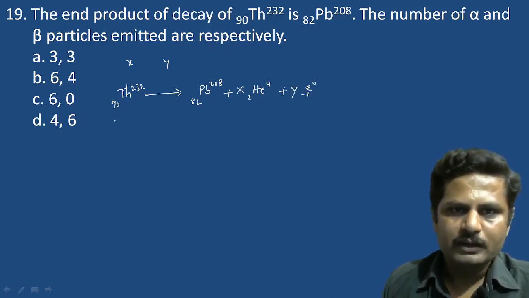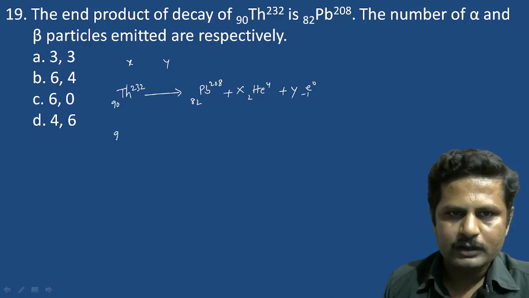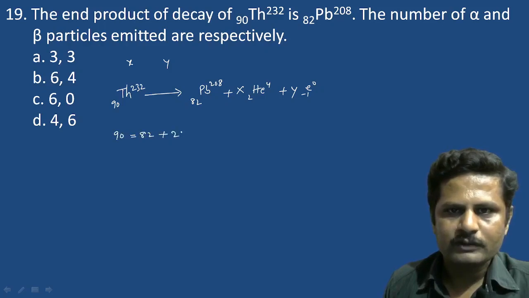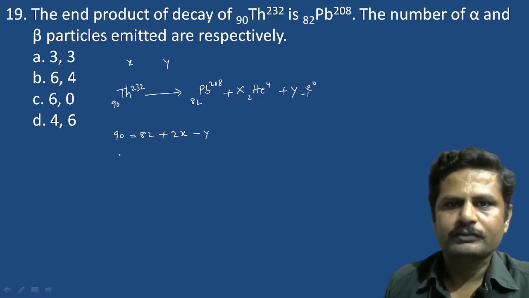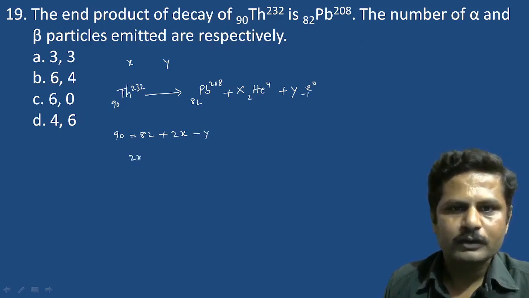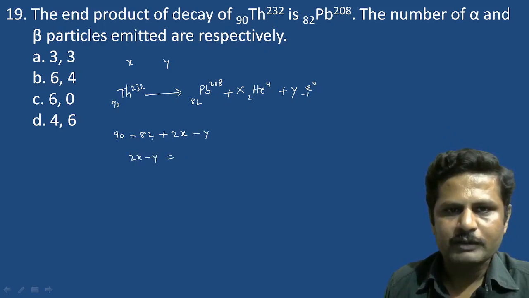Now on comparing the atomic number, we will get 90 equals 82 plus 2x minus y. So 2x minus y equals 90 minus 82, that is 8. Let me consider this as equation number 1.